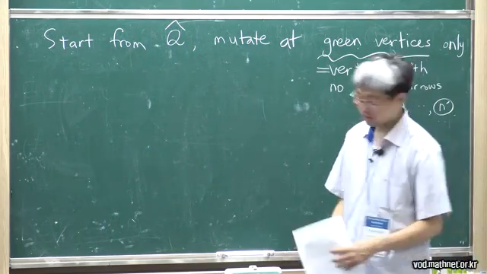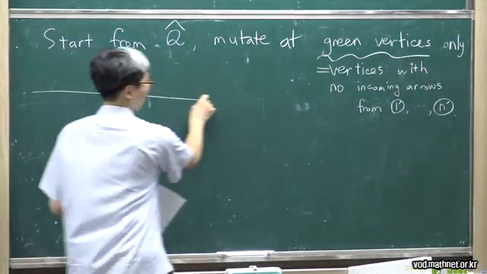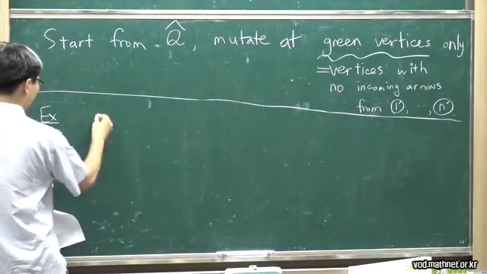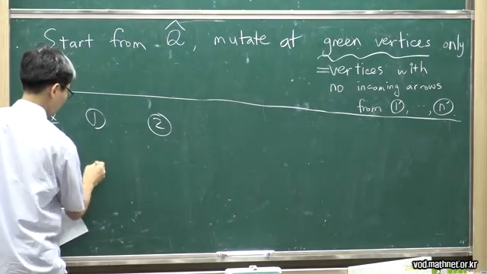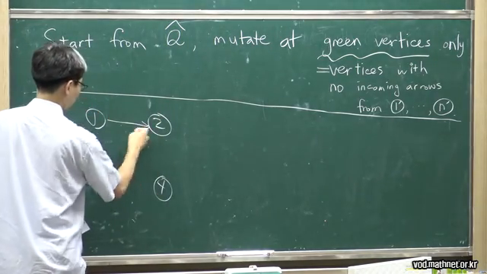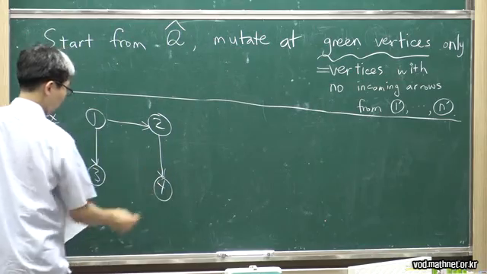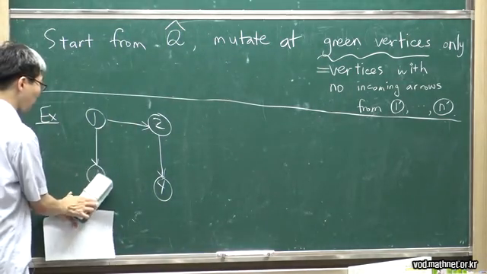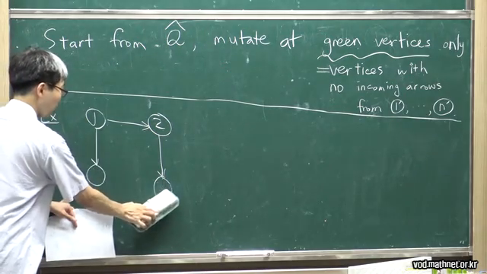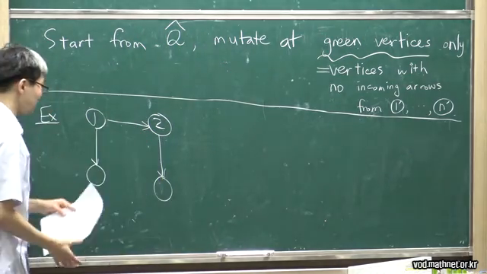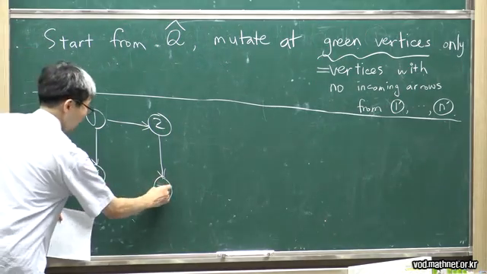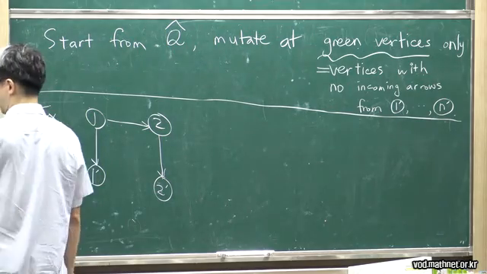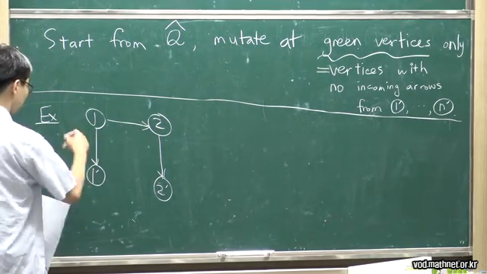My first example, my first picture of quivers looks like this. But actually, I meant this to be a framed quiver. So actually, my original quiver would be just a quiver with two vertices, and then I'll add a new set of vertices, and then add these arrows, and then it becomes framed.